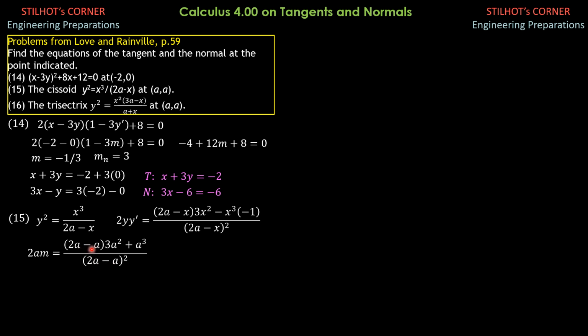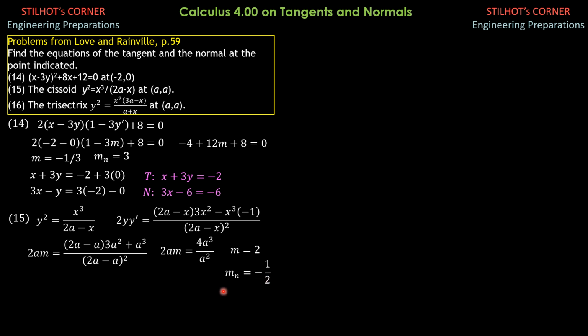The numerator is a(3a^2) + a^3 = 4a^3. The denominator is a^2. So 2am = 4a^3/a^2, so that's 4a. 4a divided by 2a is 2. The slope of the tangent is 2. So the slope of the normal is the negative reciprocal, -1/2.